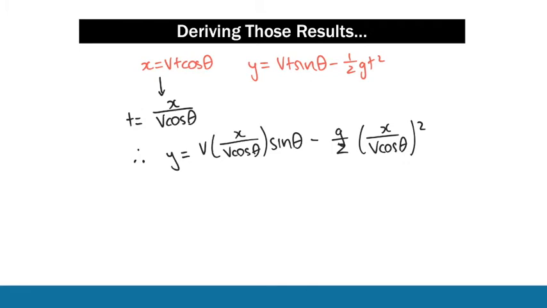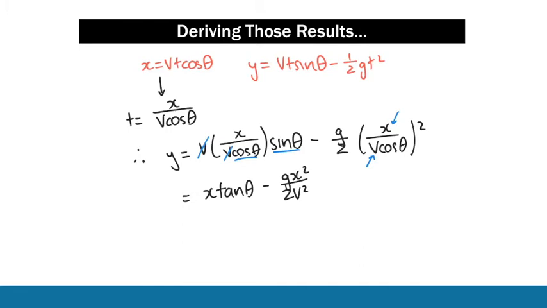We can tidy this up a little bit. In the first term, the v's cancel, and sine on cos, that's tan. So this first term actually simplifies to just x tan theta. At the back, we have an x squared and a v squared here and here. Neither of those will cancel, so we'll pull them out the front with the g on 2, and we'll write gx squared on 2v squared.